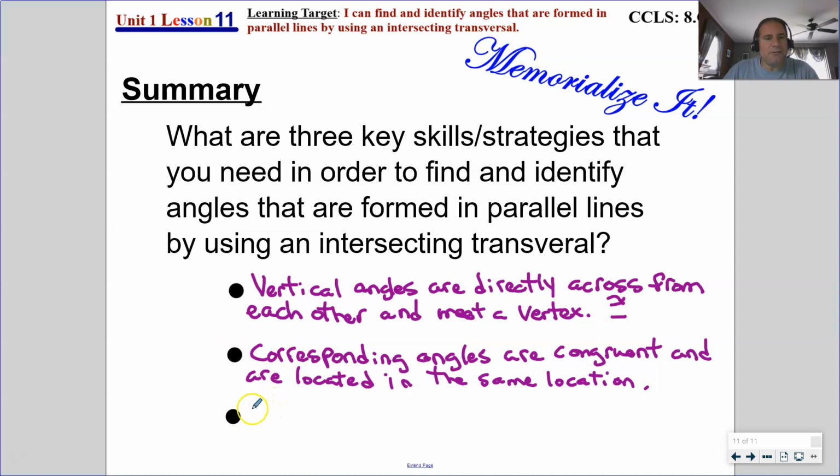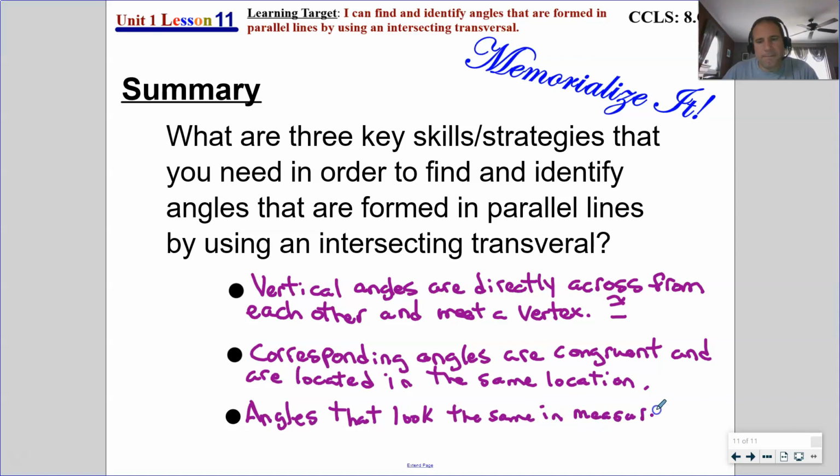If I was filling this out, angles that look the same in measure are usually the same measure. And remember, that's congruent. Congruent is an equal sign with a squiggly mark on the top.